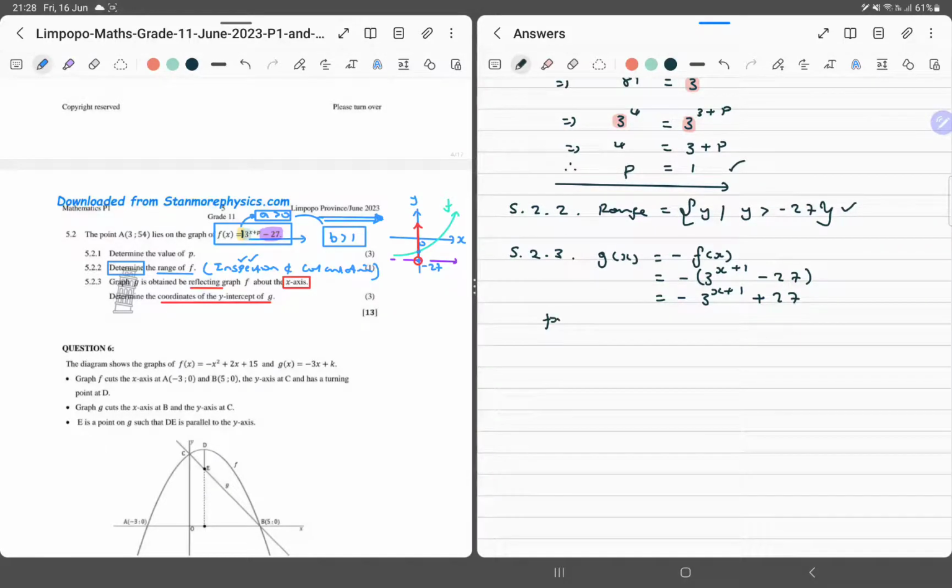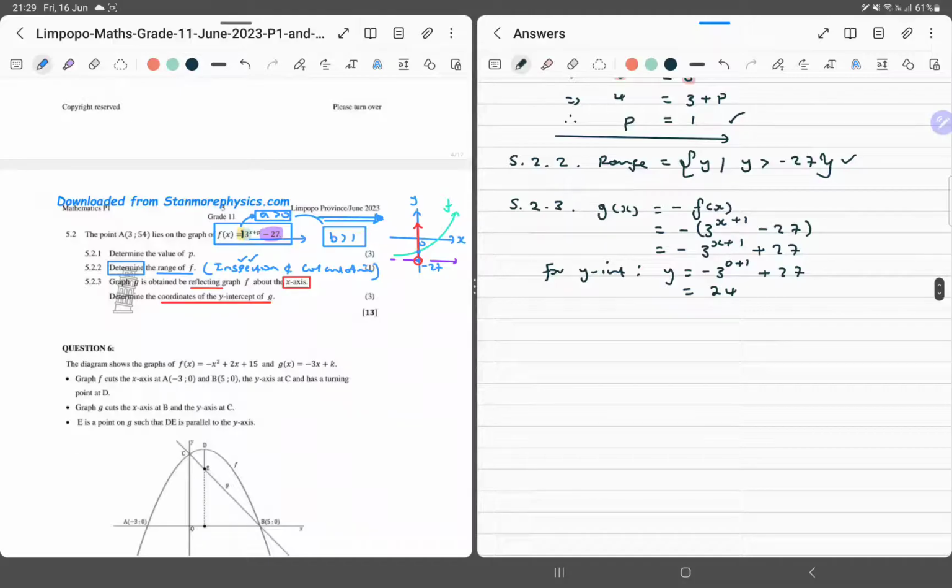Now we can say for the y-intercept, it is such that y is equal to minus 3 to the 0 plus 1 plus 27. Now this says to us, this is 27 minus 3, which is 24. Okay, they said coordinates of the y-intercept. So we can say now, therefore, the y-intercept is going to be (0; 24).